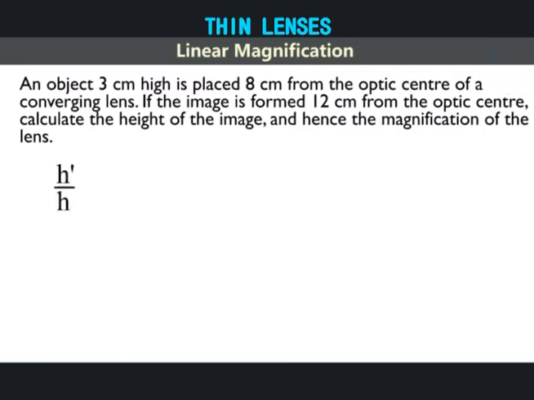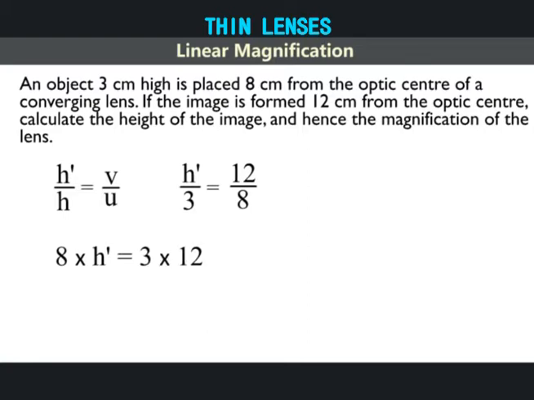So we say h prime, the image height, over h, the object height, is equal to v over u. h prime over 3 is equal to 12 over 8. If we cross multiply, 8 times h prime is equal to 3 times 12. When we divide both sides by 8, we get h prime is equal to 4.5 centimeters.